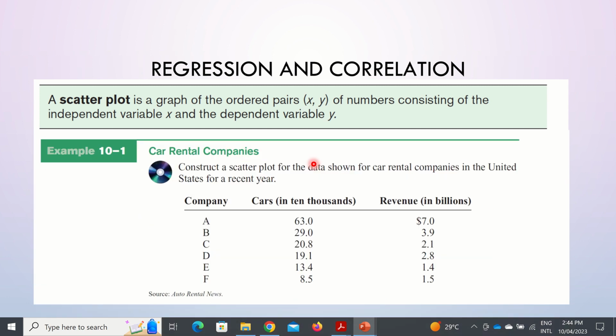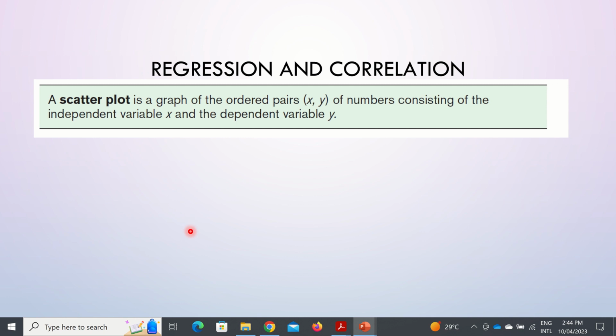plane, right. For example, if I just give you a simple example, let's suppose we have an x-axis and a y-axis, you have some values of x here, you have some values of y, and so on. There might be repetition of values of y as well.